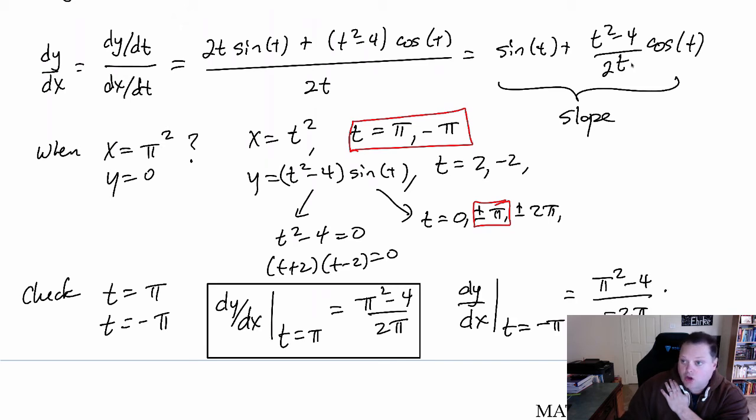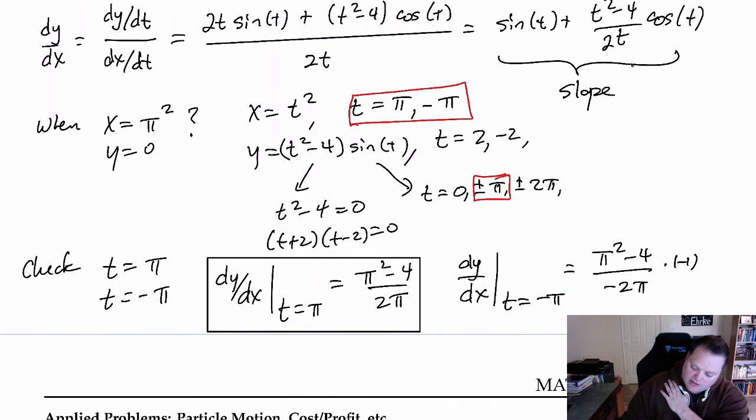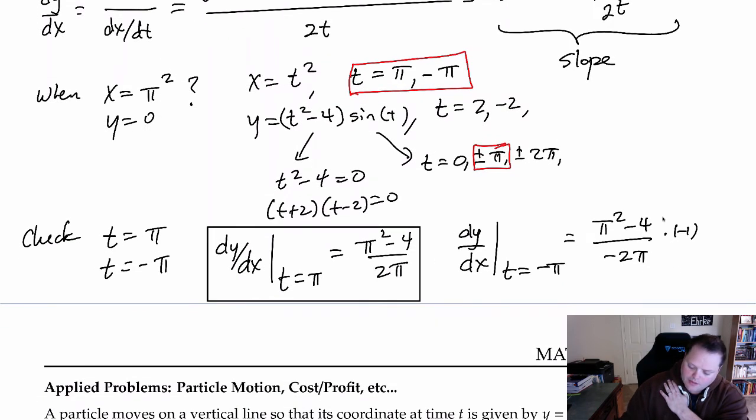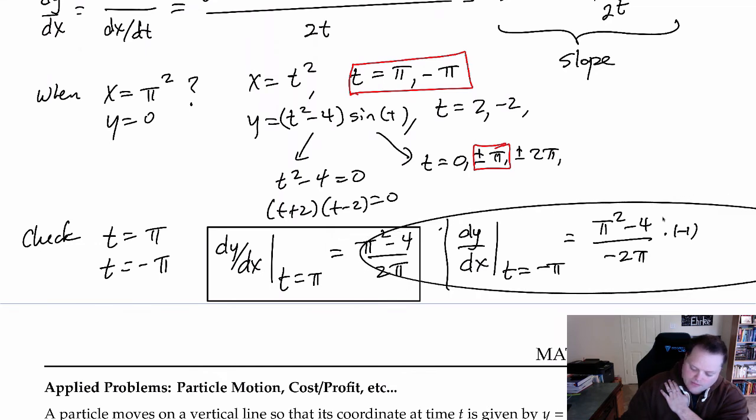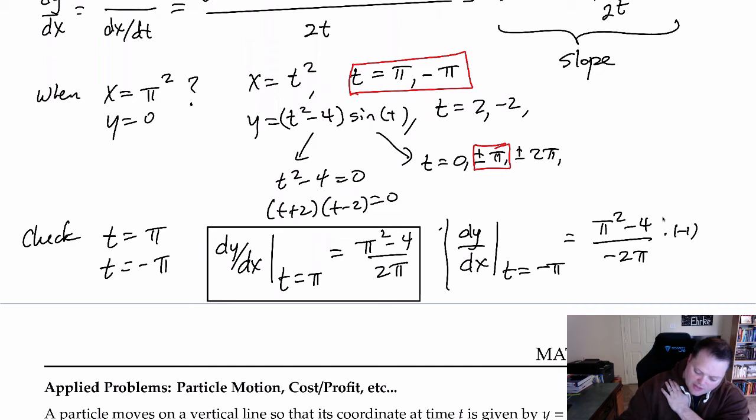But then you have cosine of negative pi, which is negative 1. So I believe you get the exact same value here as here. So both of those have the same slope. You're just at that point at two different times. So the slope is the same in both cases.